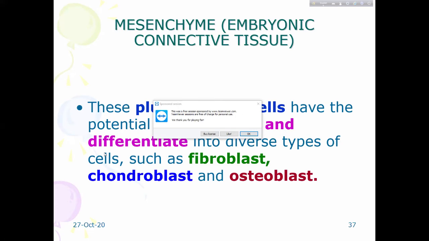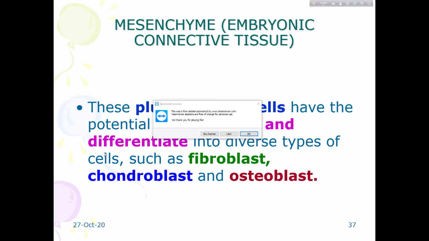The erythrocytes are the blood cells, fully differentiated cells, but the erythroblast is a partially differentiated cell. These pluripotential cells, mesenchyme, have the potential to proliferate and differentiate into diverse types of cells. They can become fibroblast, chondroblast, and osteoblast.